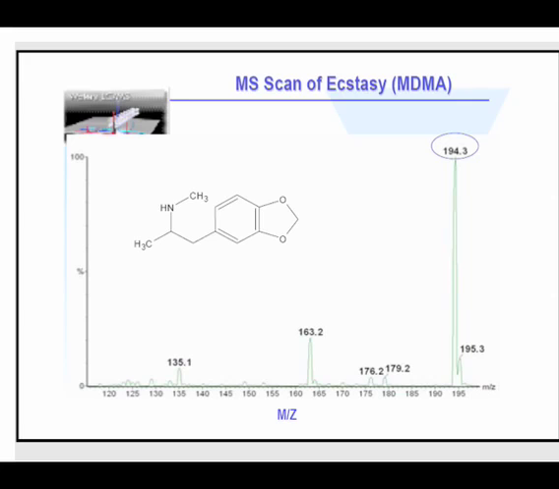This is how mass ion is done. So this is MS. This is ecstasy. So we have similar molecular weights. So now we want to know which ion is a mother and which one is a daughter.